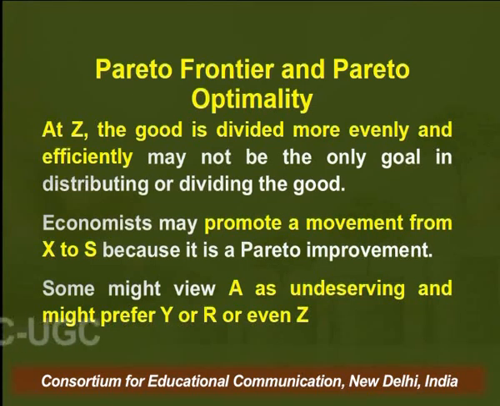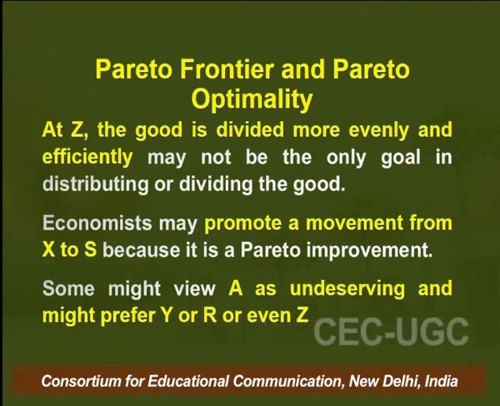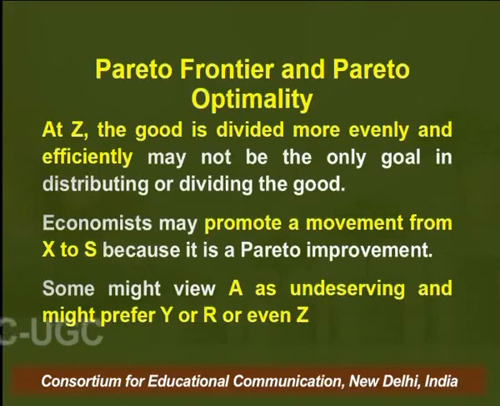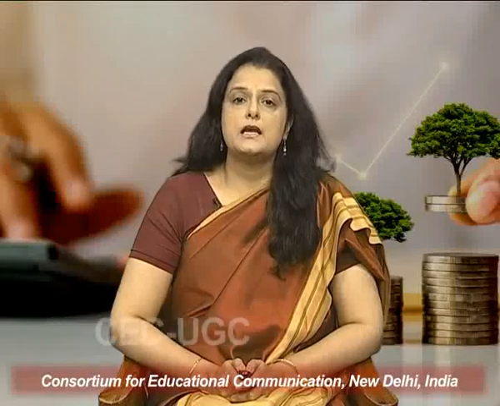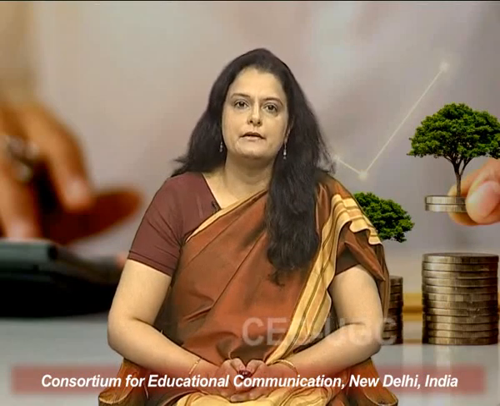Economists may promote a movement from X to S because it is a Pareto improvement. Some economists may view A as undeserving and might prefer Y or R or even Z over A, because A gives utility to only one individual.